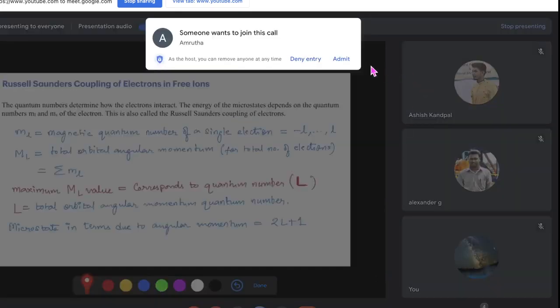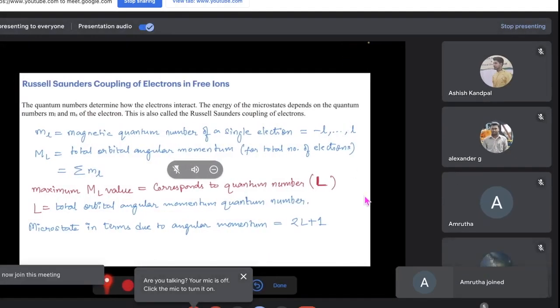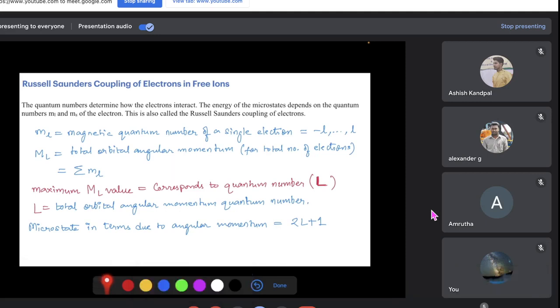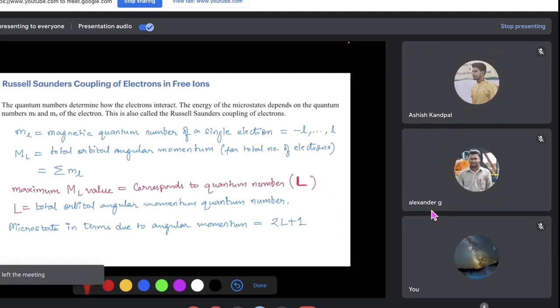We see that there are interactions. There are 3 types of basic interaction, which are spin-spin coupling, orbit-orbit coupling, and spin-orbit coupling. One coupling scheme that we go through is the LS coupling, which is the Russell-Saunders coupling of electrons, and another one is the JJ coupling. It is assumed that the spin-spin coupling is stronger than the orbit-orbit, and lastly the spin-orbit coupling.